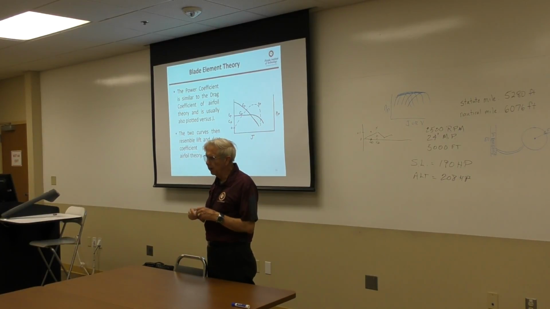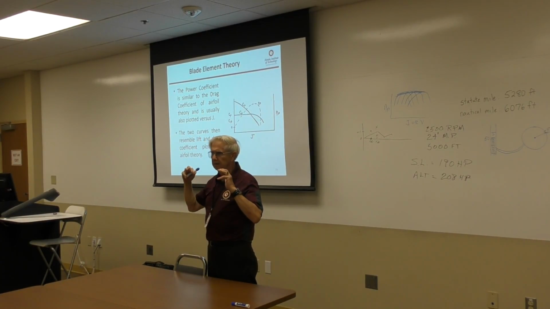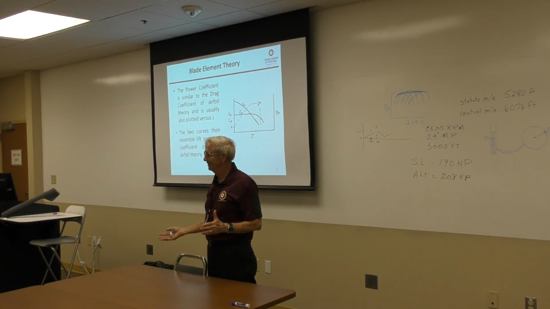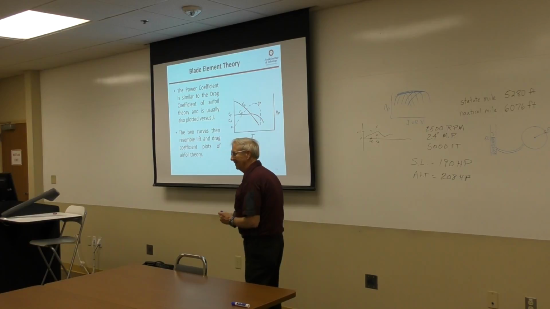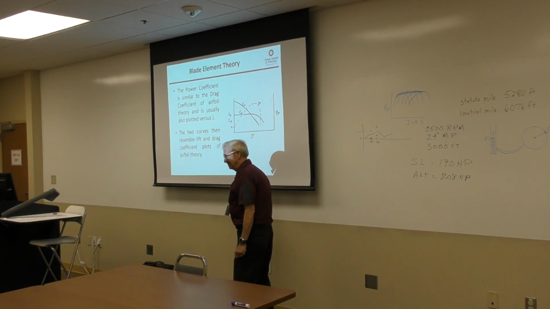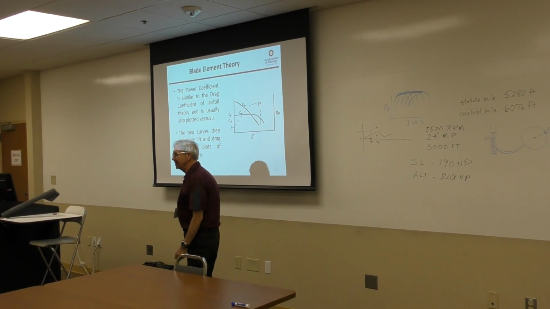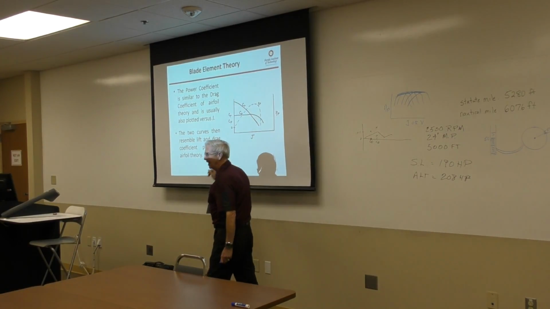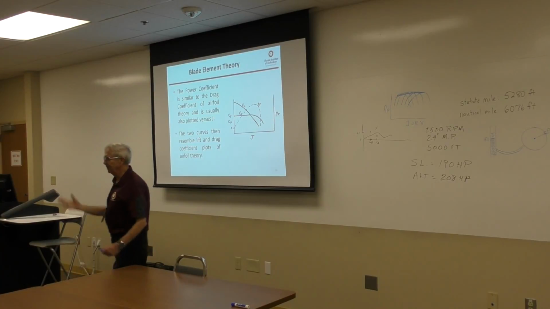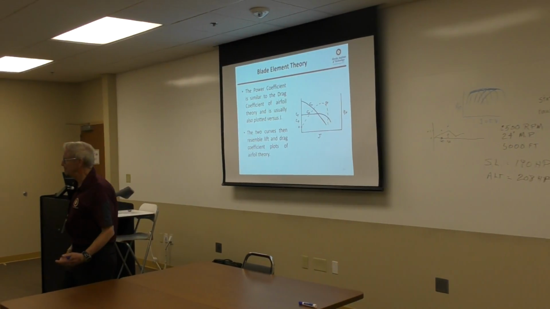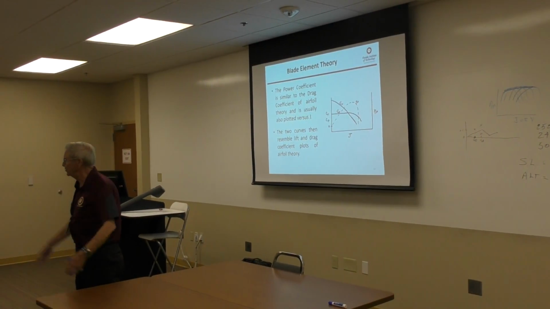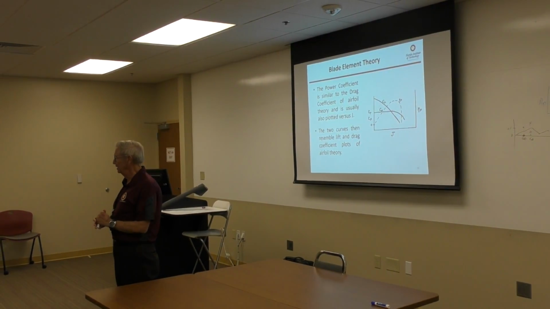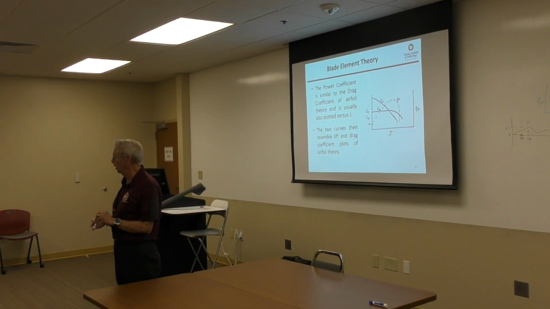You may have heard at some time about a cruise prop and a climb prop. Which one you're going to use depends on whether you're going to climb most of the time. If you're going to climb most of the time, then yes, you want this peak down here at your climb speed. If you're designing an airplane, for instance, that's going to just tow gliders up all the time, an example is the Polish airplane called a Wilga.